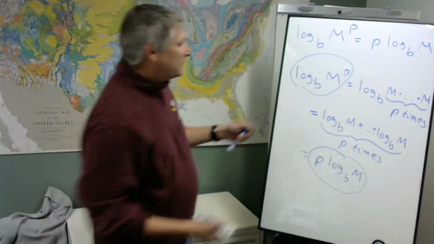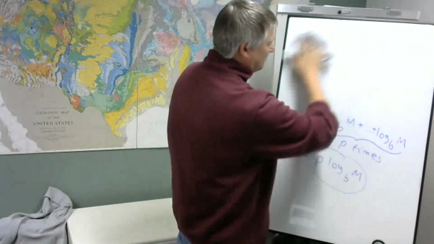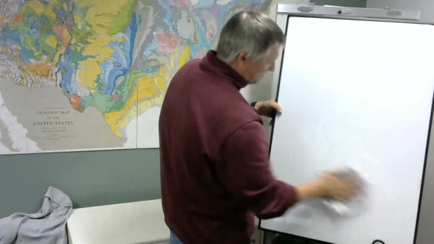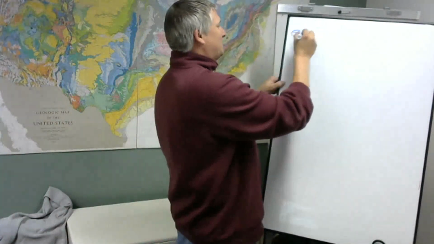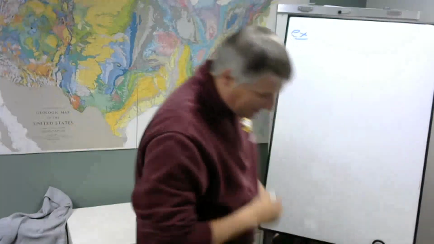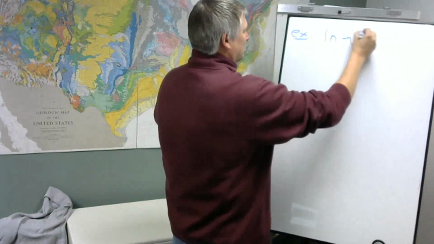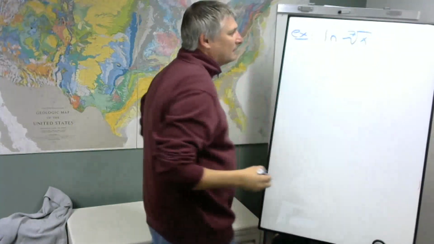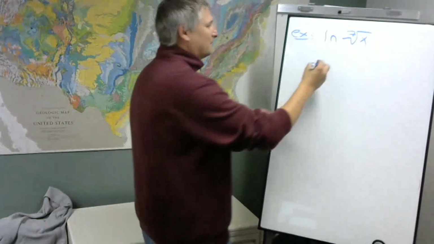So how does this work? Well, let's say we have this. Let's rewrite this as x with an exponent.